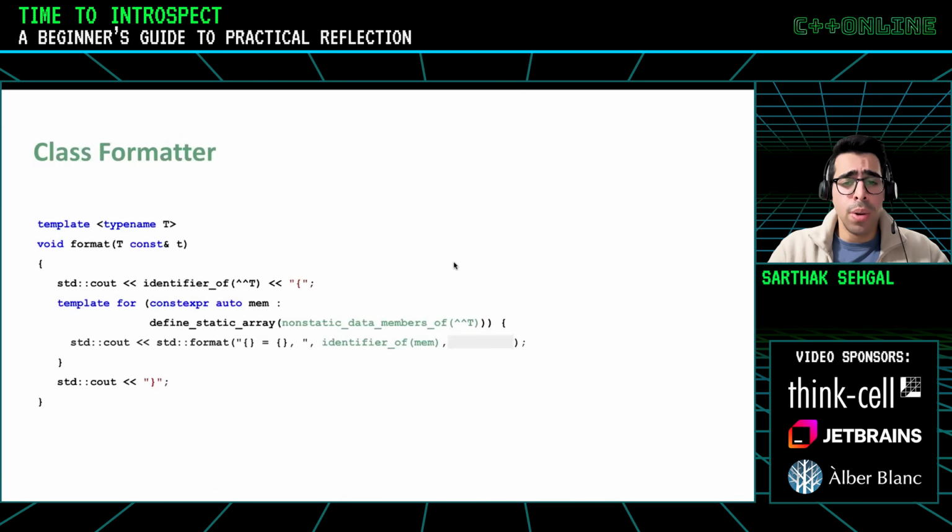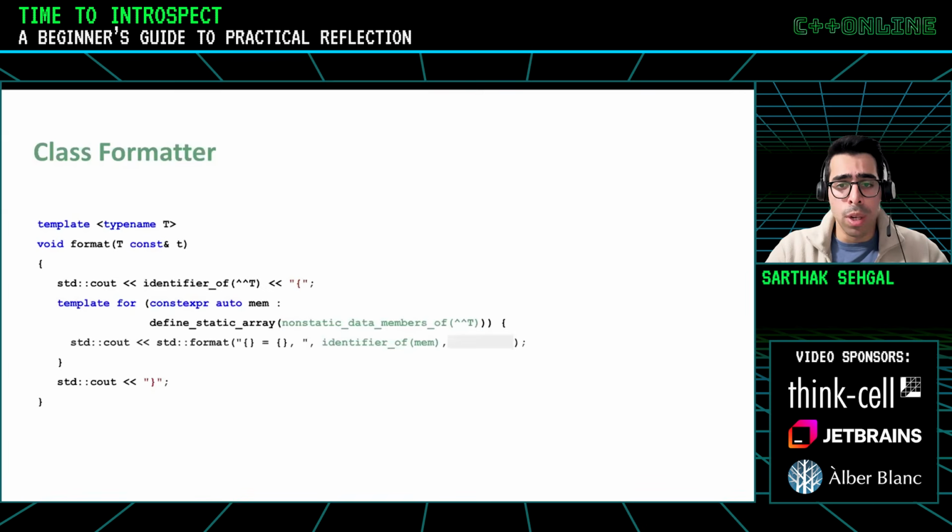In order to get the value, this is a bit more nuanced. Our function takes an object of type T, so we want to access the member mem of the object t. Now, if I do t.mem, that won't work, because mem is a reflection.